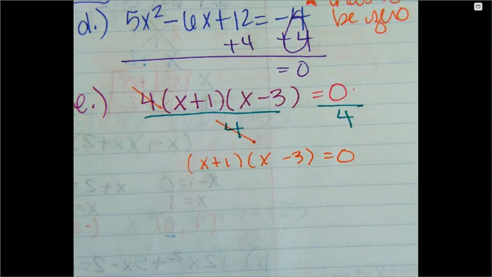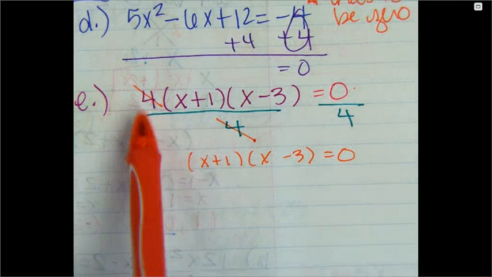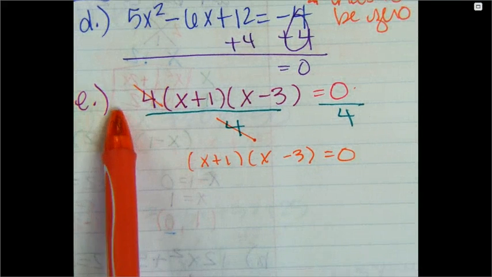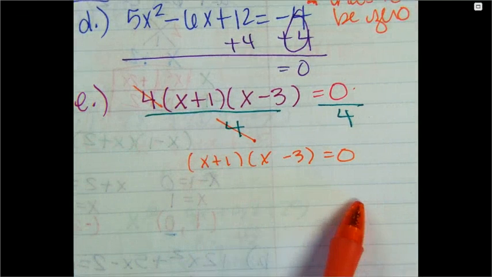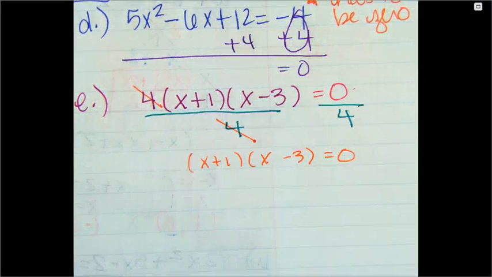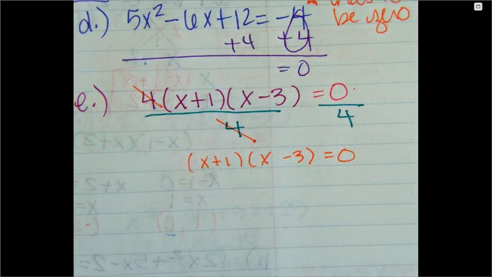You now have 2 equations you can set up. Does that make sense? So all I have to do is show I divide by 4. Do I need to show I divide by 4? Yes. Do I need to show I divide by the constant coefficient here? Yeah. If it's a coefficient, just a number by itself, I need to divide it out. If it's a variable, then you're stuck with it. Make sense? Questions? All right.